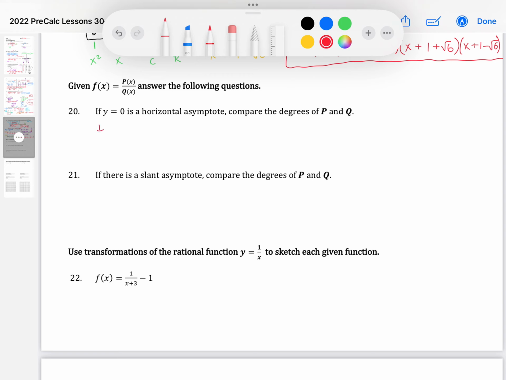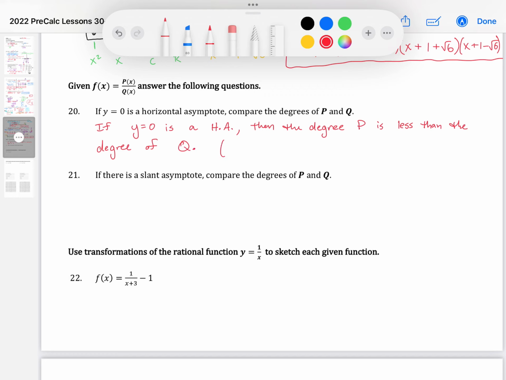So I'm going to write this out as if y equals 0 is a horizontal asymptote, then the degree of the numerator's function, which they're calling p, is less than the degree of the denominator's function, which they are calling q.